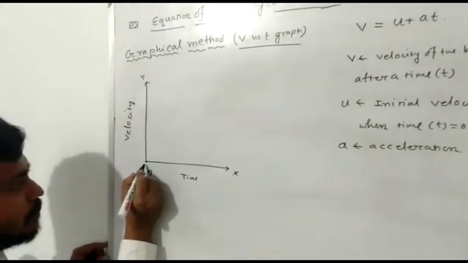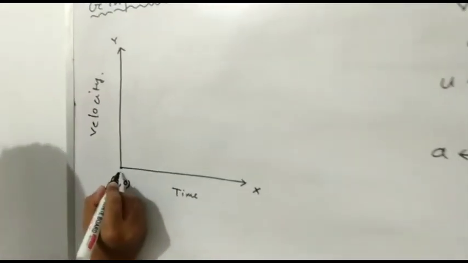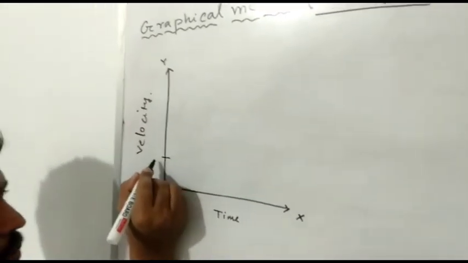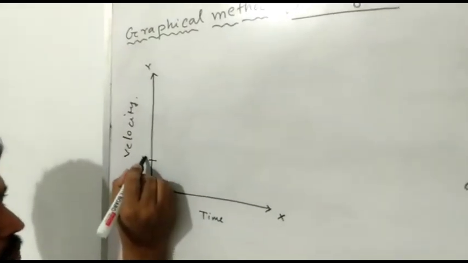This is the position where time equals 0. According to our situation, the velocity of the body is not 0, it is u.